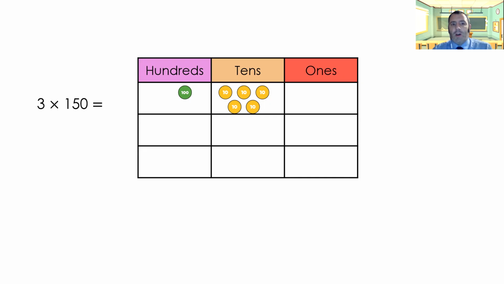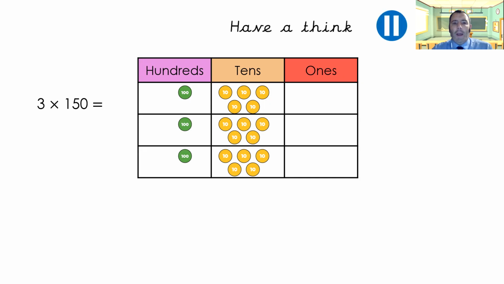Well, this is 1 times 150, so I need to fill in my other 2 rows. Another 150 and another 150. Okay, can you work out how to solve this one? Pause the video here, and when you're ready, press play to carry on.